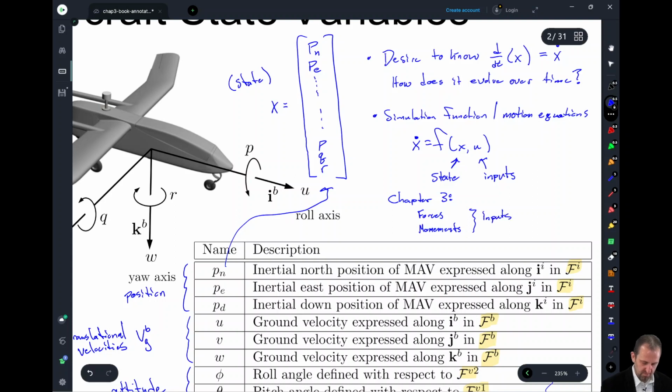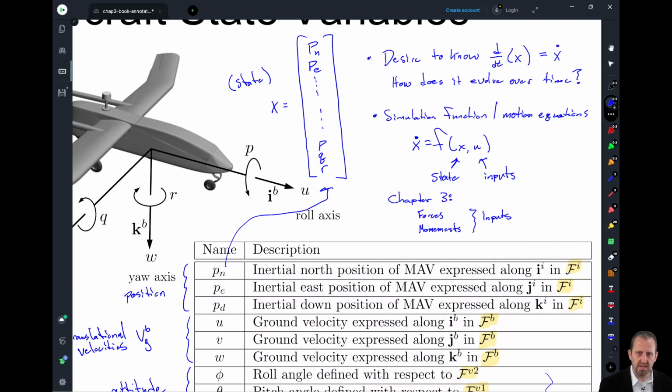In chapter 4, it's not natural to say that our force is our input, right? We can define a force in the x direction or a force in the z direction. Not natural because we can't just choose what forces or what moments we apply. But in this chapter, we will just use the forces and the moments as our inputs. That's what we're deciding.